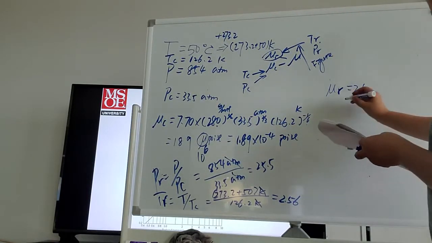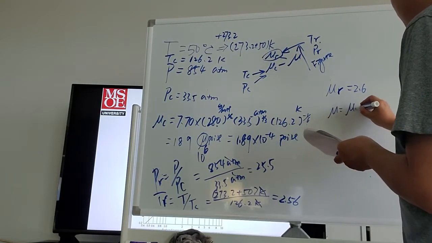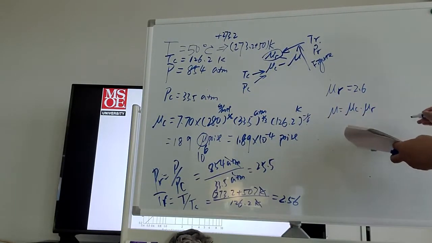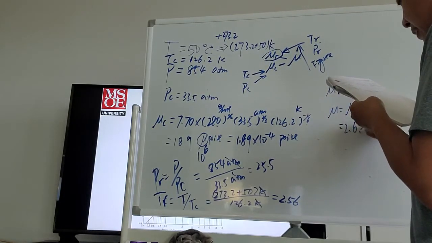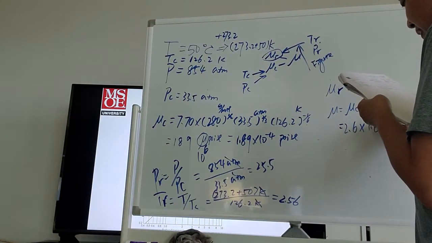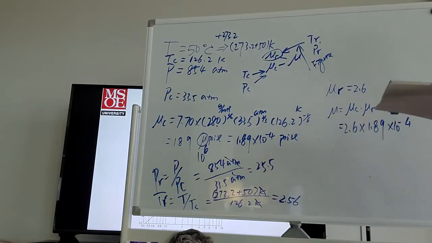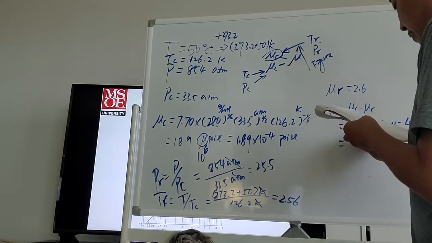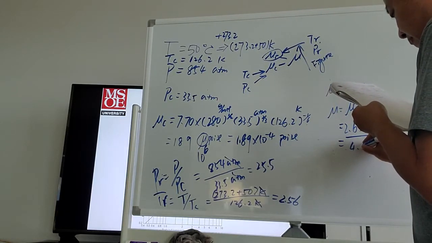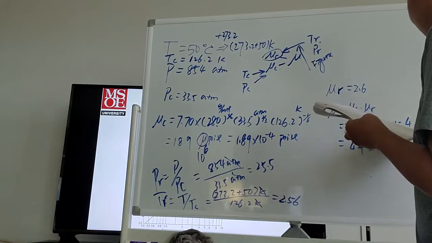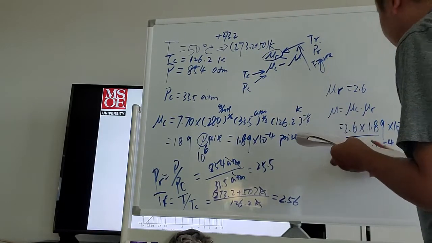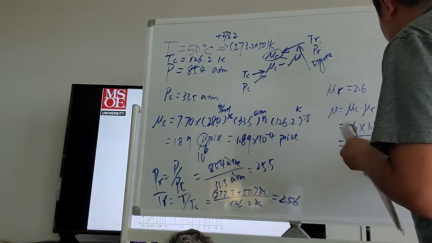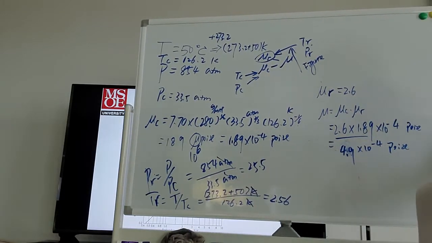Then mu equals mu C multiplied by mu R, which is 2.6 multiplied by 1.89 times 10 to the negative first. The unit is poise, so which is about 4.9 times 10 to the negative first poise.